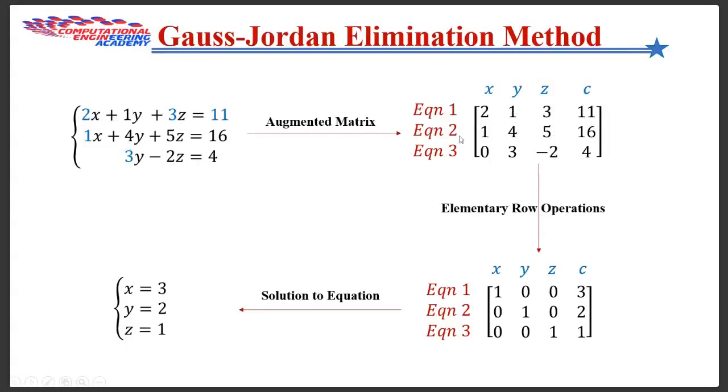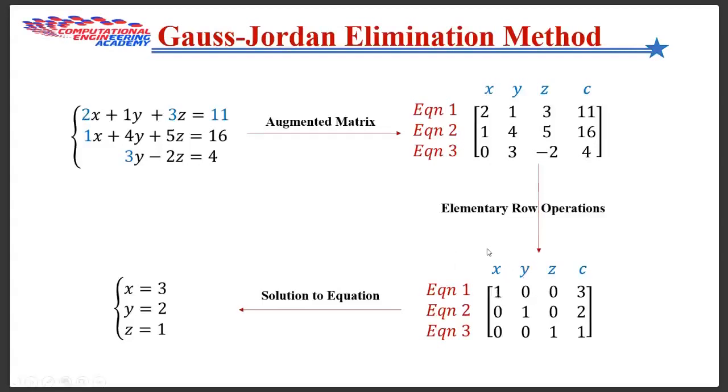So this is called an augmented matrix because normally if you have a coefficient matrix, we will stop there. But an augmented matrix includes the constant terms, that means the terms that are found on the other side of the equality. So we have the constant terms which are 11, 16, 4. So we have to transform this system into an augmented matrix of this form. Then we will need to conduct a series of elementary row operations to be able to transform this matrix into its row reduced echelon form, which we have right here.